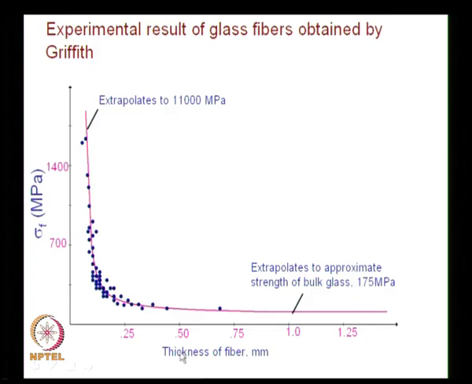When the thickness of the fiber is reduced, it was approaching 11,000 MPa, that is the theoretical strength of glass.